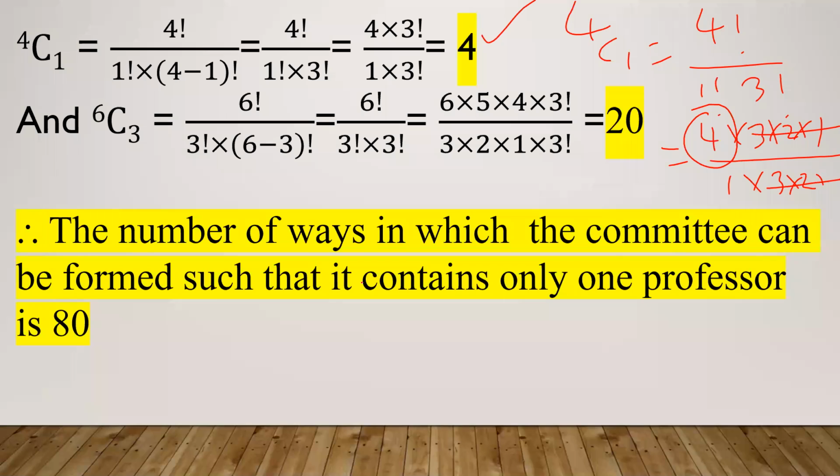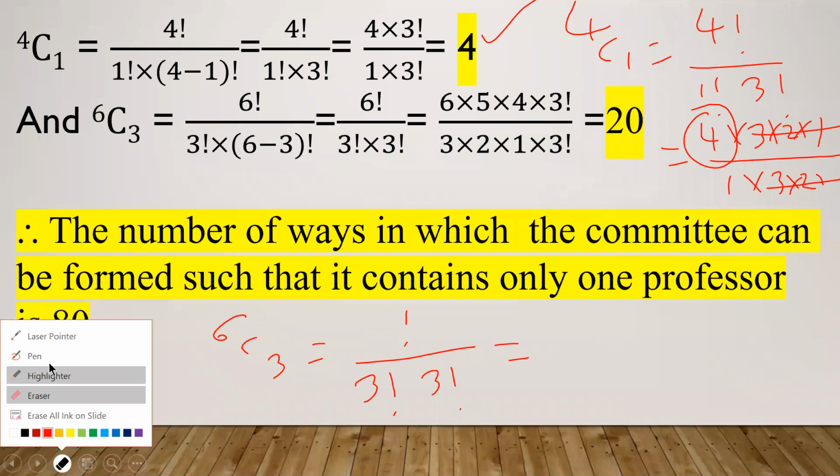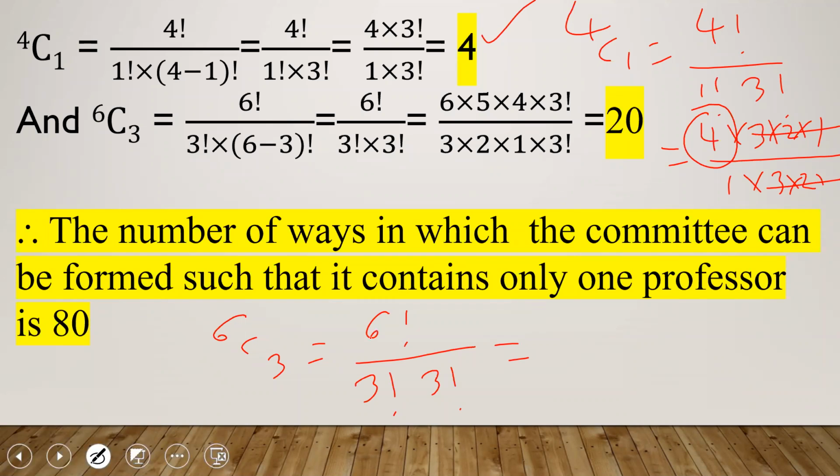Let us calculate 6C3. 6C3 is equal to 6 factorial upon 3 factorial into (6 minus 3), that is 3 factorial. 6 factorial is 6 into 5 into 4 into 3 into 2 into 1, that I can write as 3 factorial divided by 3 factorial, and 3 factorial I can expand as 3 into 2 into 1.